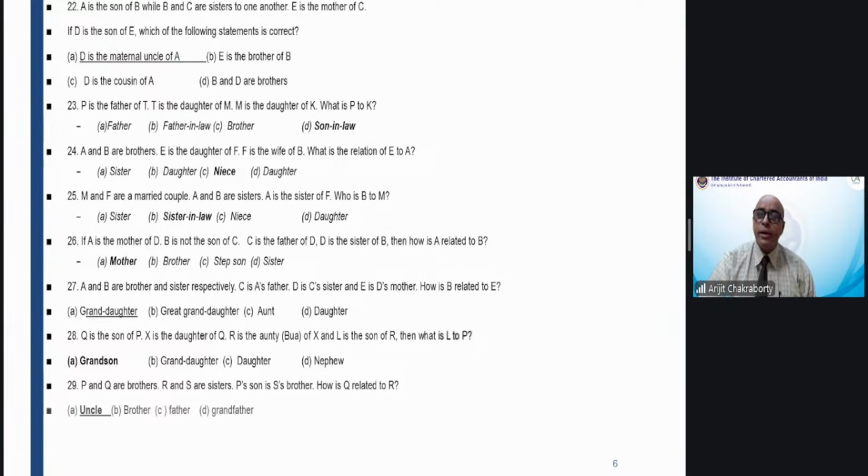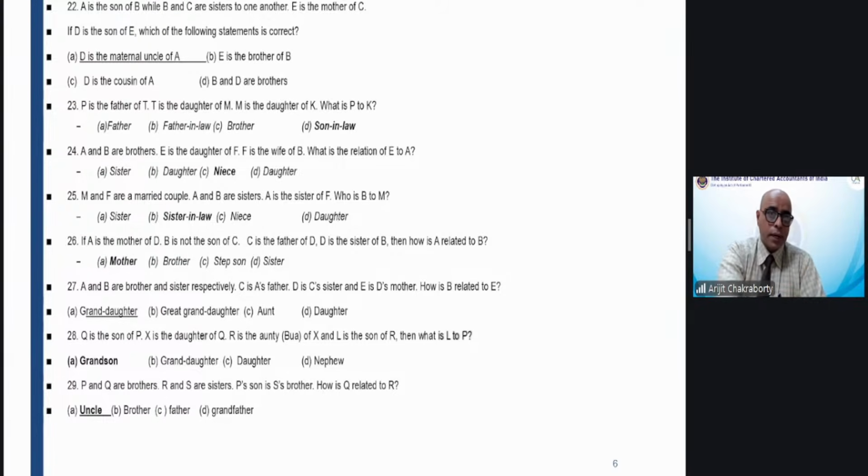We see number 29 now. We'll try to deal with this particular question. P and Q are brothers. So P and Q both are male. R and S are sisters. I think we did a similar question earlier. P's son is S's brother. We did the same question. I think the only difference was that it was written sister.